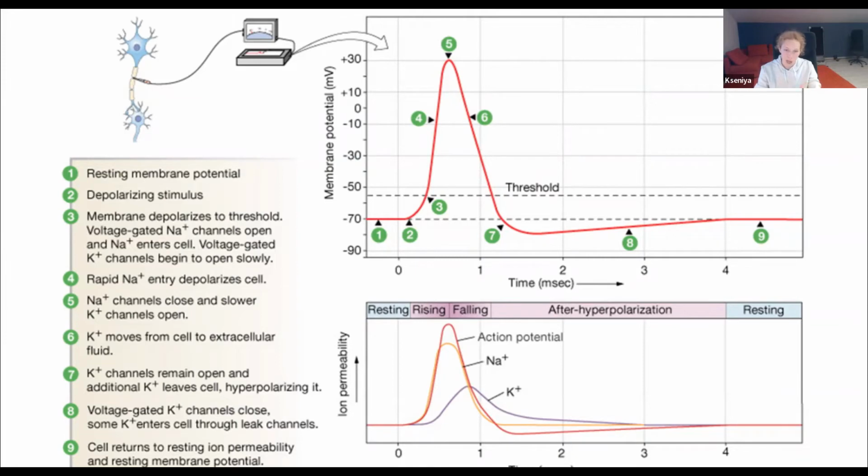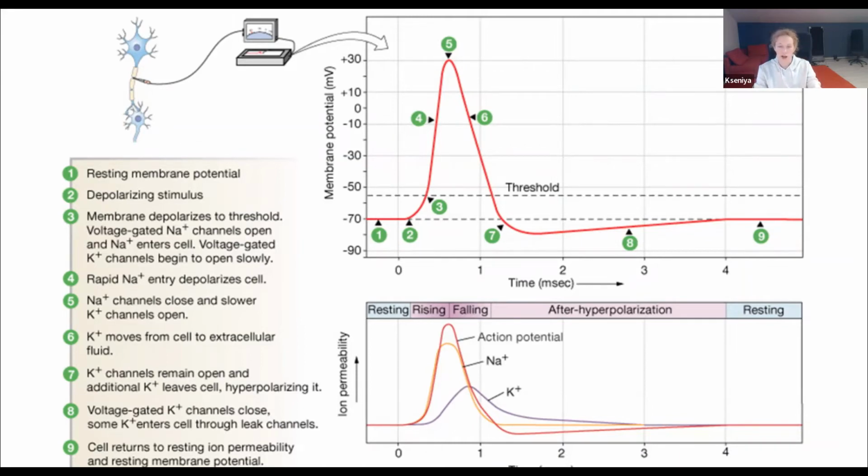The rapid influx of sodium ions causes the polarity of the plasma membrane to reverse, and the ion channels then rapidly inactivate. As the sodium channels close, sodium ions can no longer enter the neuron, and they are then actively transported back out of the plasma membrane.